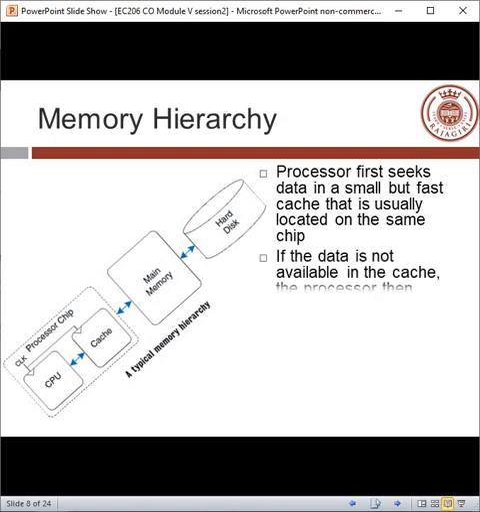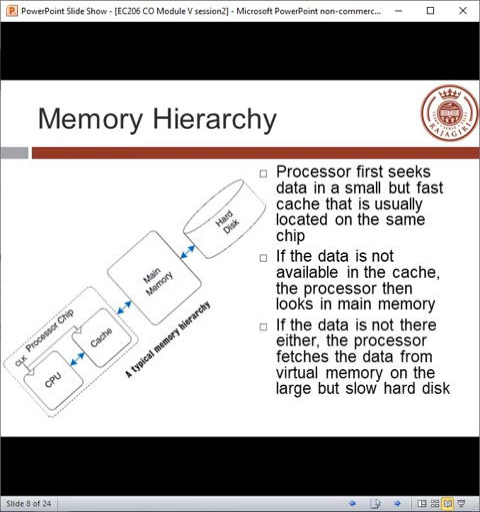If data is not available in the cache, the processor will check main memory. If data is not there in main memory, then the processor has to fetch data from the hard disk to main memory, and then access it from main memory. Then it becomes a slow process.